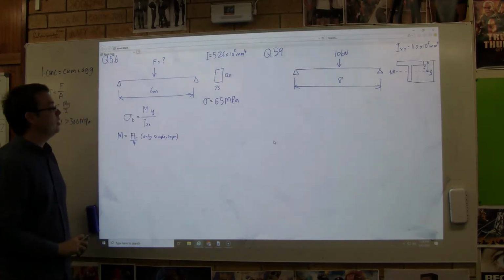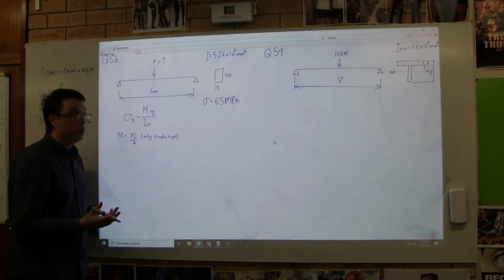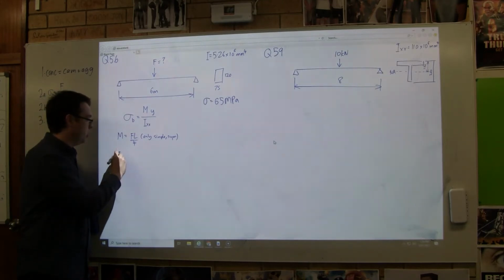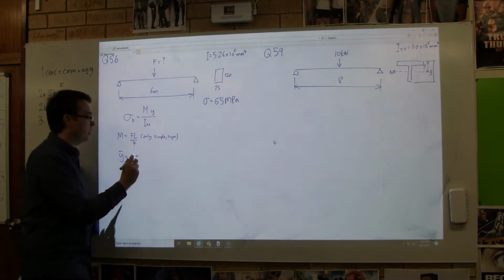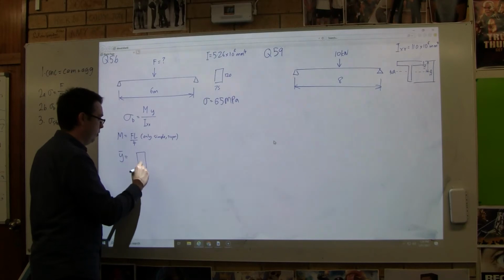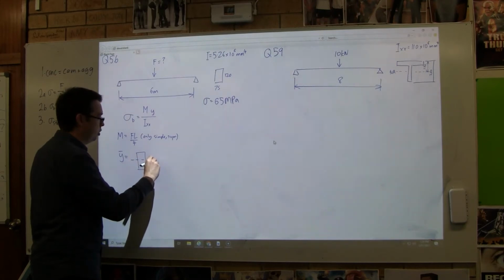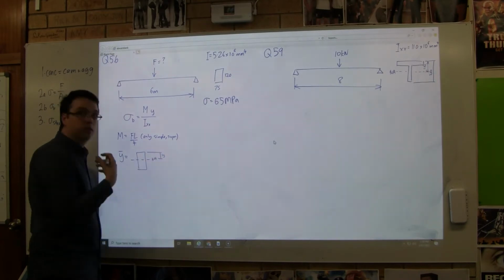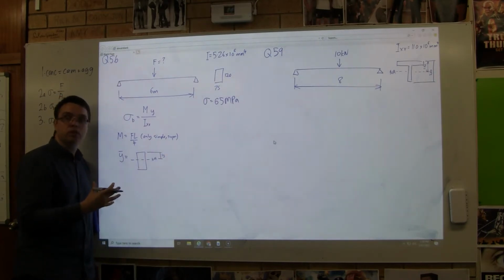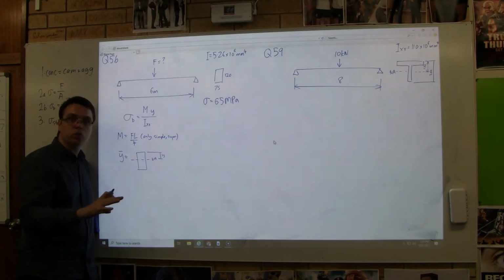The next thing we need to know is what the Y value is. In this case, Y bar, as it's sometimes written, is the distance from the neutral axis to the extreme fibre. So in this case, the neutral axis is there. Is the top in compression, or is the top being stretched?